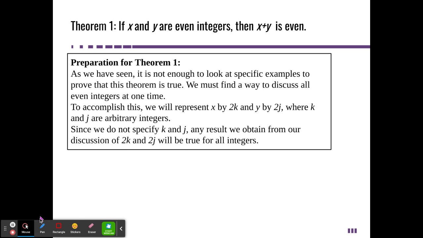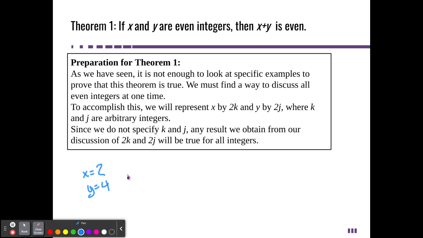As we've seen, it is not enough to look at specific examples to prove that the theorem is true. We must find a way to discuss all of the even integers at one time. So that's that arbitrary thing. Instead of looking at 2 and 4, we could say let x equal 2 and y equal 4.